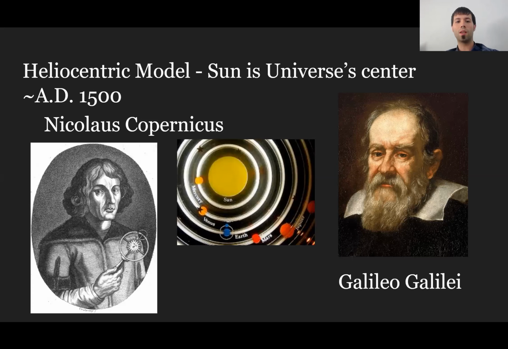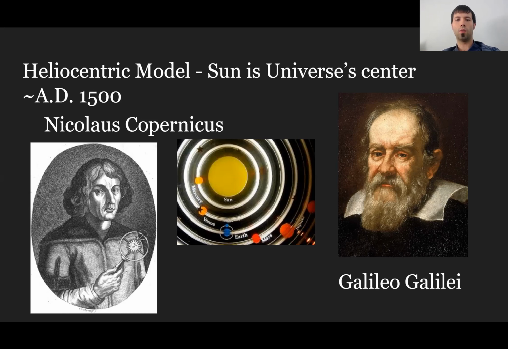I say heresy because at the time the Catholic Church held the belief that the Earth is at the center of the universe. To think otherwise would be unbiblical, according to the Catholic Church. And so he published this idea on his deathbed because he was afraid of getting kicked out of the church. And Galileo Galilei was not afraid to publish this idea in his lifetime. He agreed with Nicholas Copernicus.